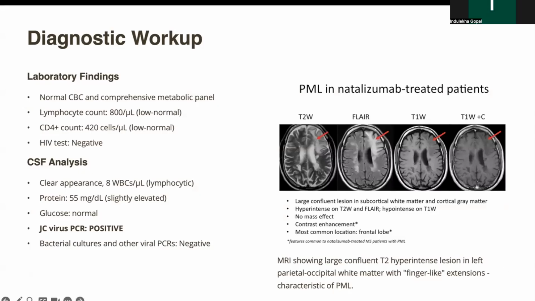That is the key. Bacterial cultures are negative and viral PCR is negative. So this is a case of PML, and there are classic MRI findings: a large T2 hyperintense lesion in the left parieto-occipital white matter with finger-like extensions, characteristic of PML.